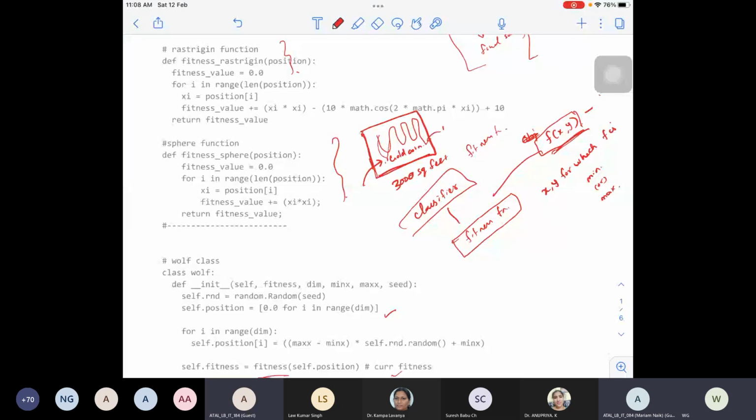Somewhere you lost the gold coin. Now what approach will you follow to take back the gold coin? What is the approach that you will follow?